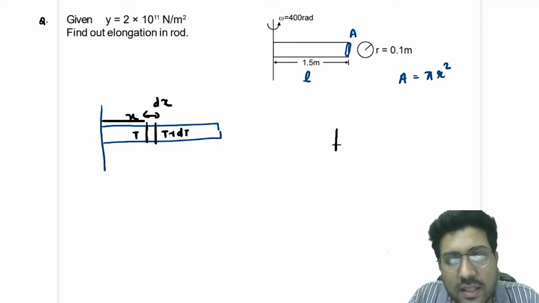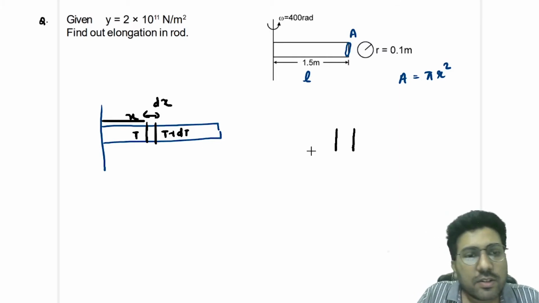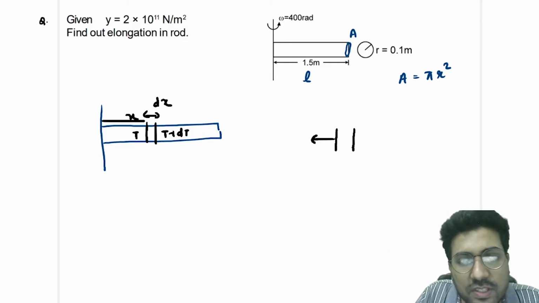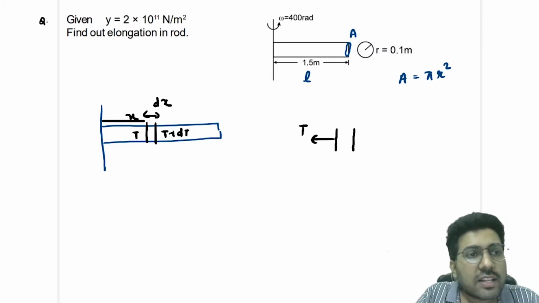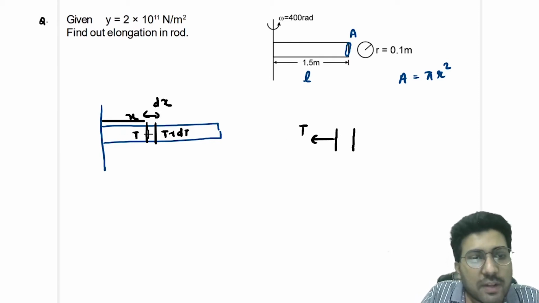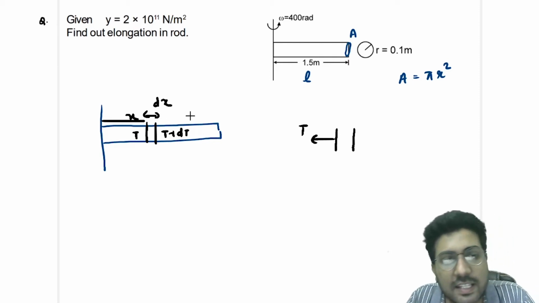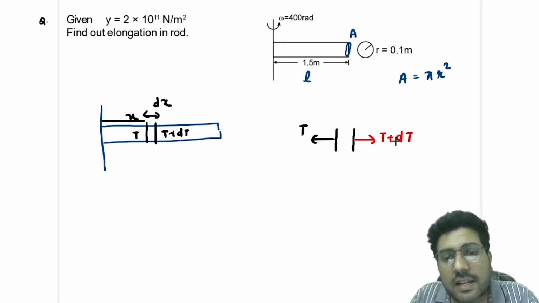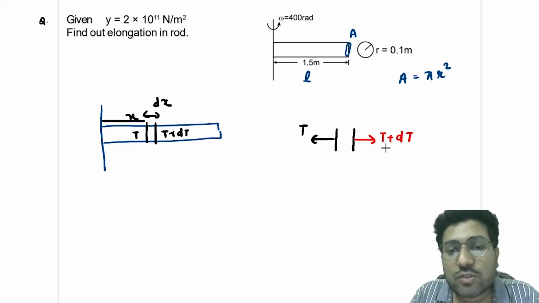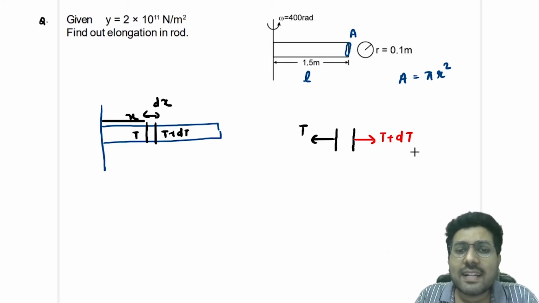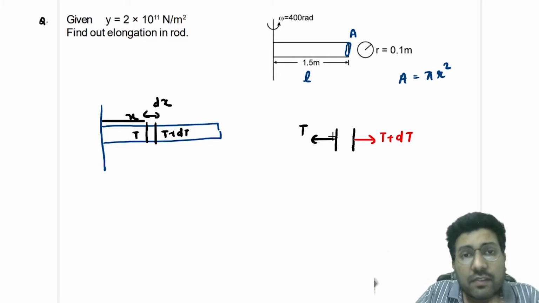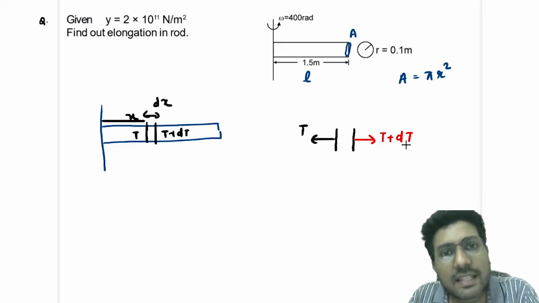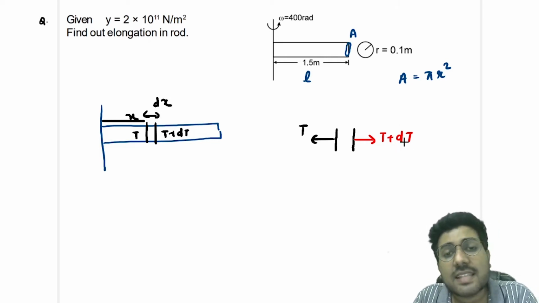So if I draw the FBD here, then you will see that there is a tension force T here, and you know that the tension is a pulling force, so this part will pull it towards itself and this part will pull it towards itself with T plus dT. Clearly here you can see that dT has to be negative. Why does dT have to be negative? Because the net force has to be towards the center, that means T has to be more than T plus dT. That is possible only if dT is negative.